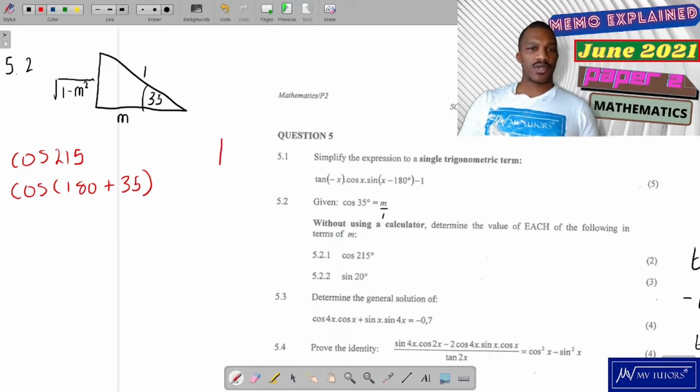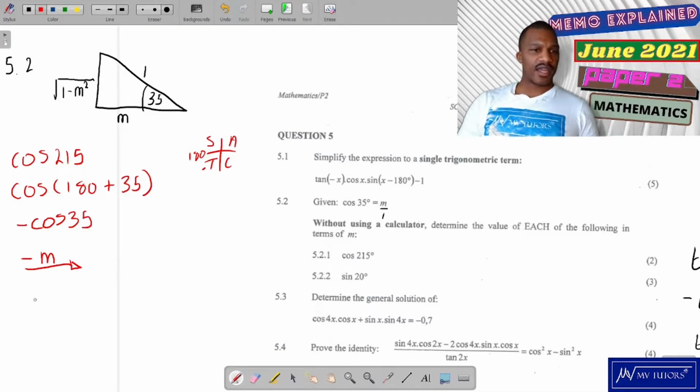Okay, let's just do a quick CAST here. And then we check 180 is there. 180 plus 35 is in this quadrant, the third quadrant, where cos is negative. So it's negative cos 35. And cos 35 is just simply m. So my final answer is minus m.